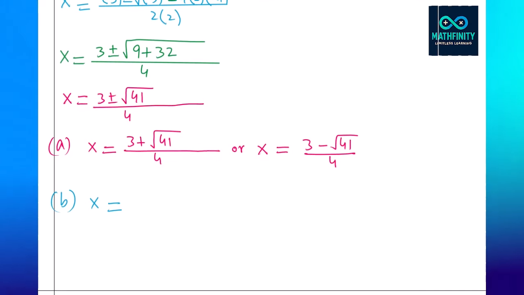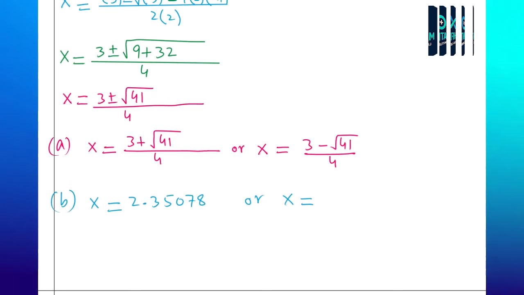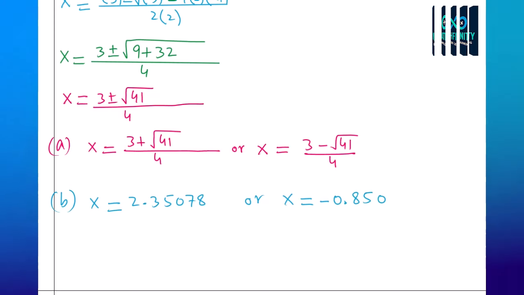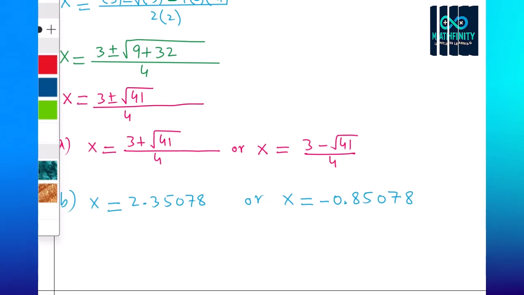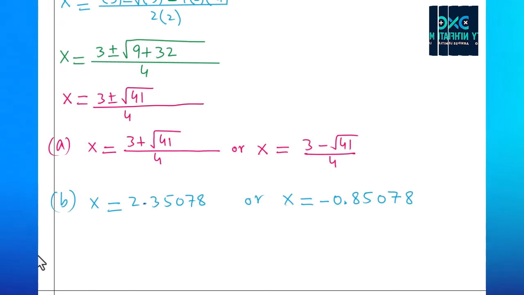First, you have to mention the calculator answer: 2.3507, or x is equal to this one, you will be able to get -0.8507. Now we have to give the answer to 2 dp, 2 decimal places.